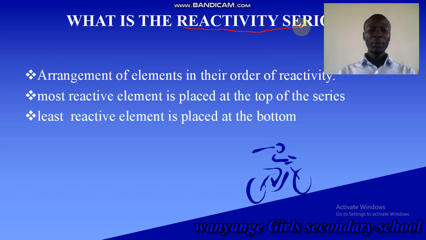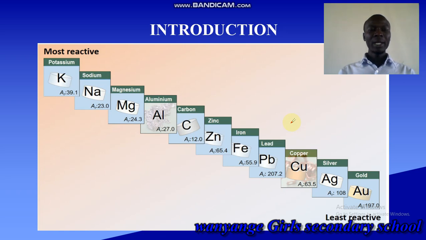The most powerful element always appears at the top of the series, and the least powerful element appears at the bottom. Okay, so it's something like this. The one who is most powerful sits on the upper stair.